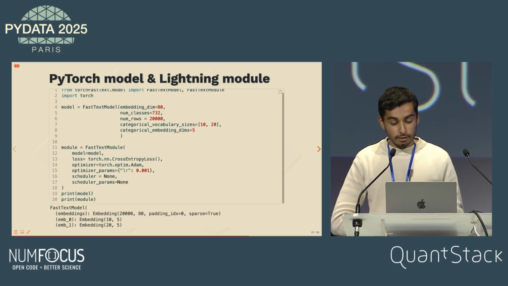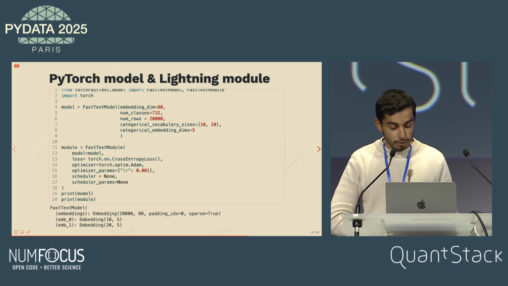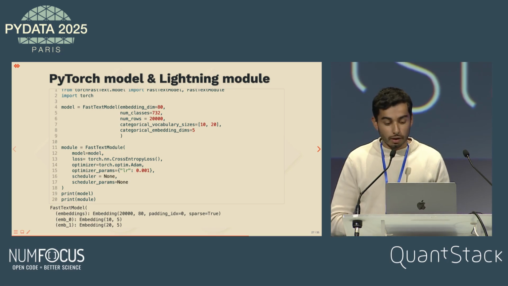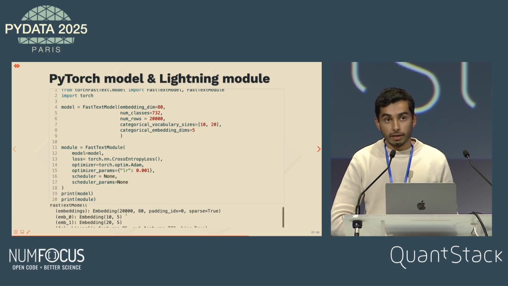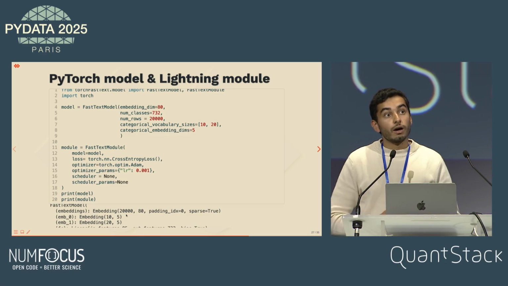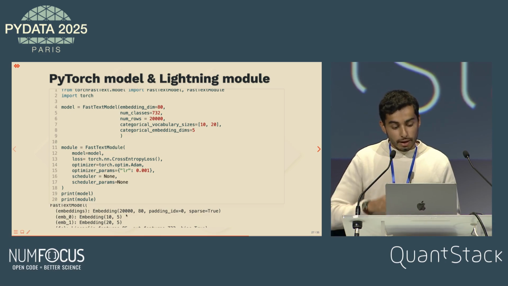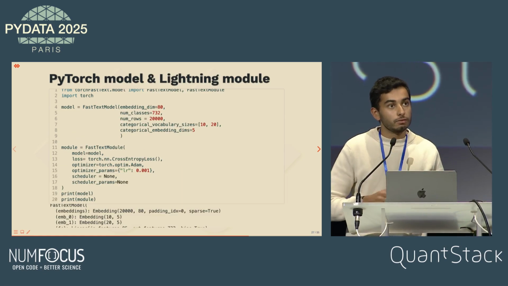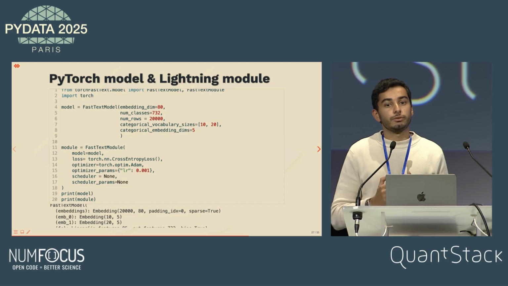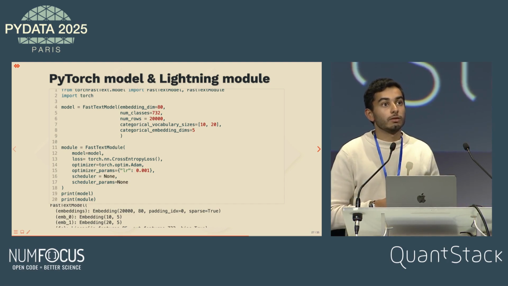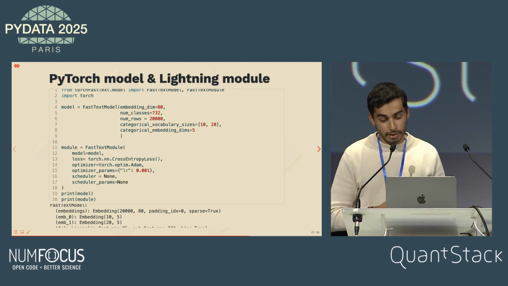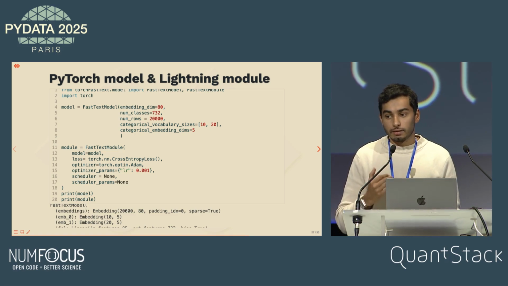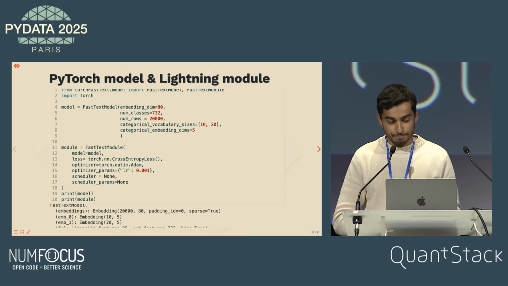And so you can see here that the module is a Lightning module, and you can see here if I print the module, for those who are accustomed to PyTorch, it's basically a raw PyTorch model with a Lightning module above it, and you just have to call module.train to launch a training. So the idea was really to mirror what was being done in the original fastText package for easy training and easy initialization of the model.